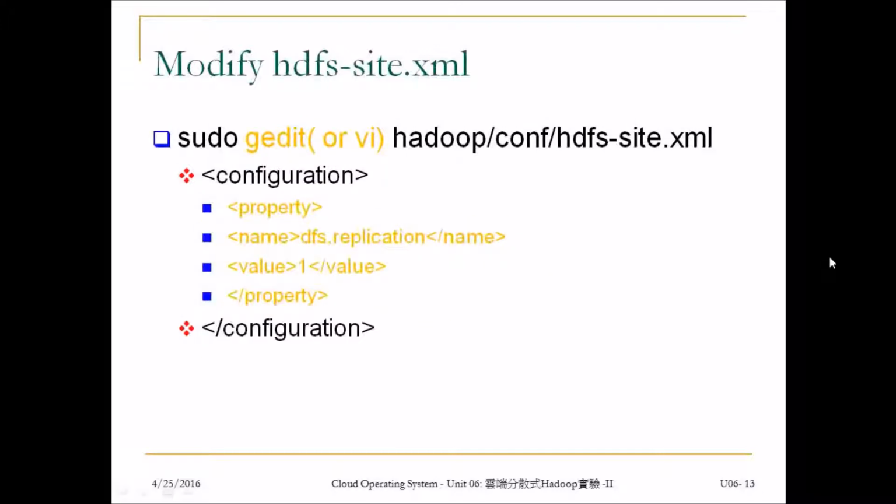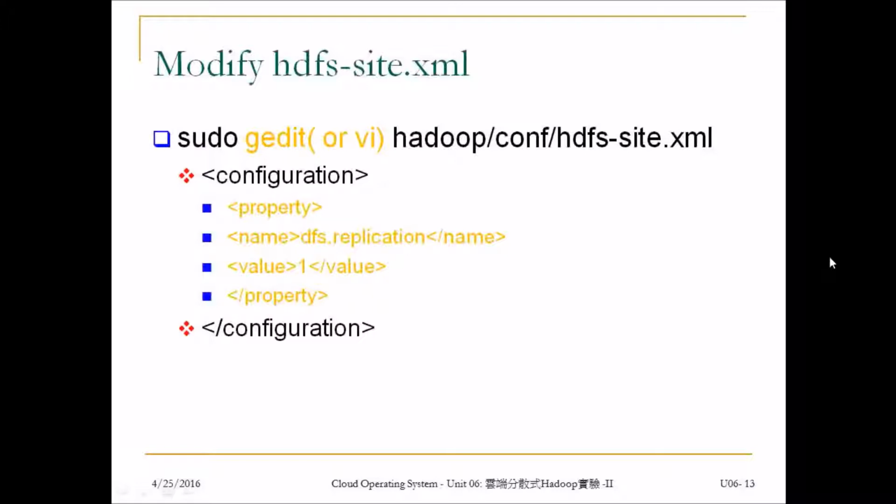The second, you have to modify the Hadoop distributed file system hdfs-site.xml file. You need to add the configuration parameters. The name will be dfs.replication. The value will be 1.